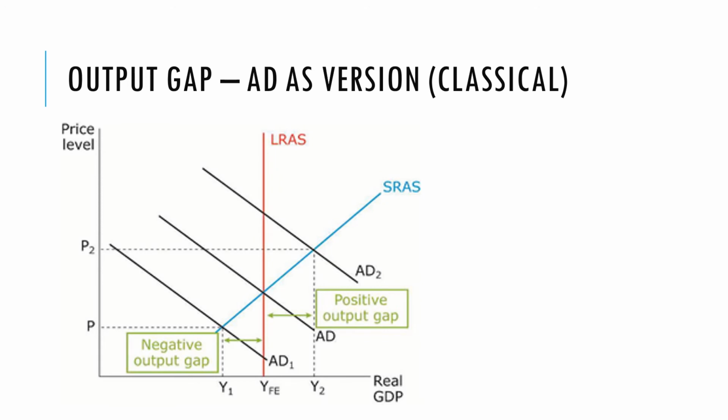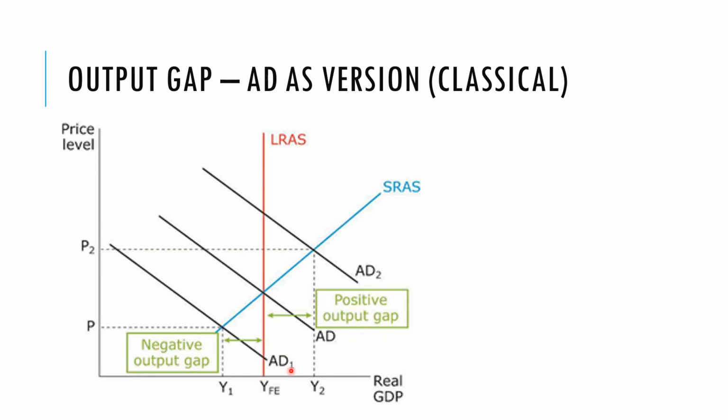The final way of illustrating an output gap is to use an ADAS diagram. And here we're going to indicate output gaps using the classical long-run aggregate supply curve. So what we can see here is that when output is at Y1, with this low level of aggregate demand, it has caused a negative output gap because less is being produced than the full employment level of output, what potentially could be produced in the long run.